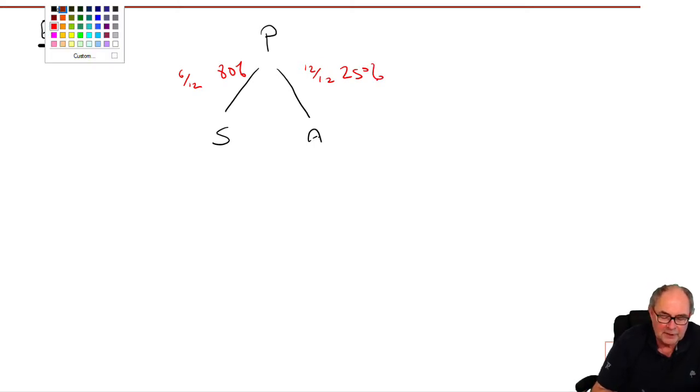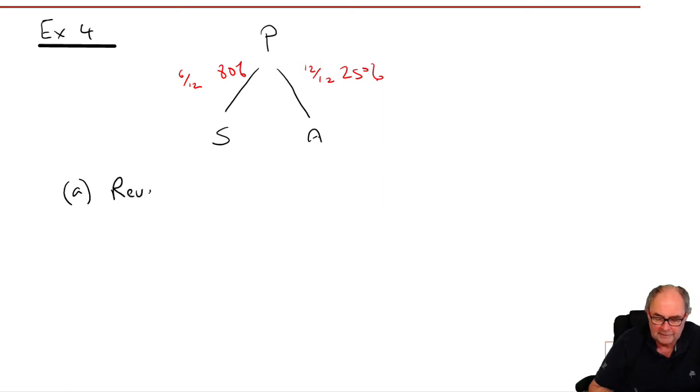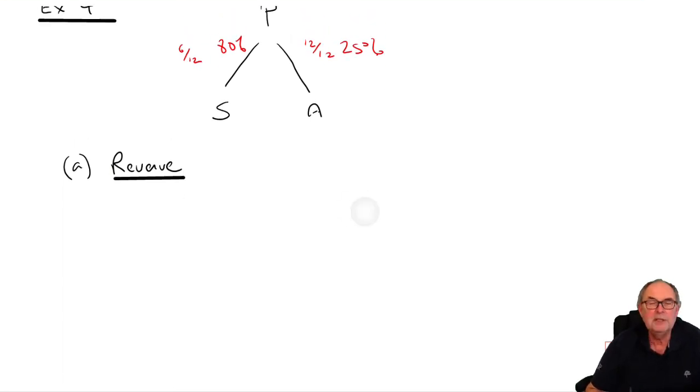The first number that we're asked for is group revenue. So remember, you consolidate the income and expenses of the parent and the subsidiary, but not the associate, and then you adjust for intercompany transactions.